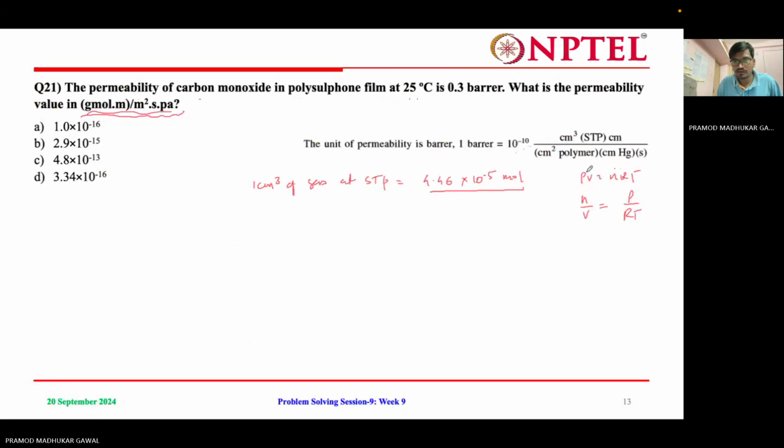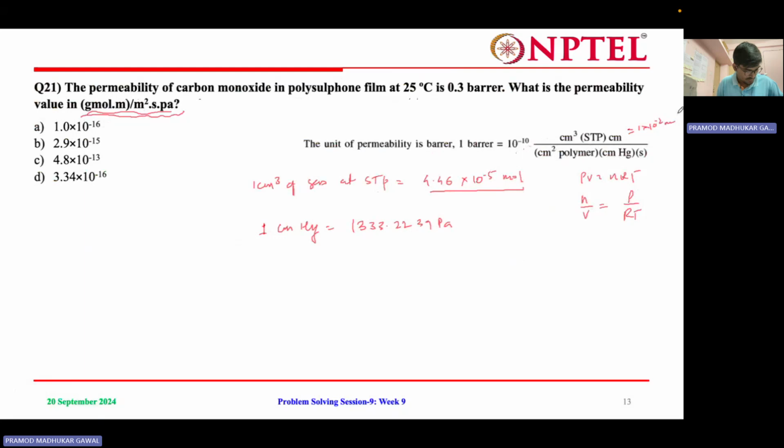And 1 centimeter Hg is equal to 1333.2239 Pascal, and centimeter you have to convert into meter, 1 times 10 to the power minus 2 meter.